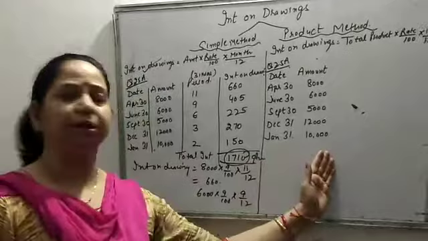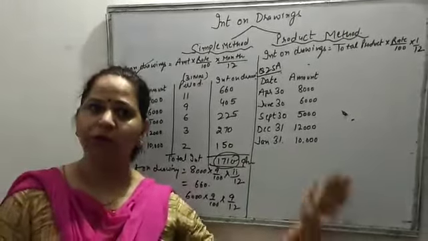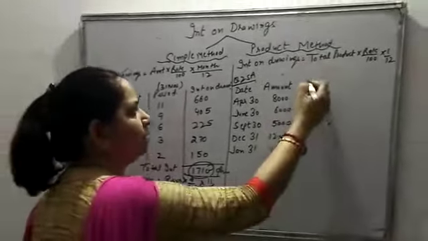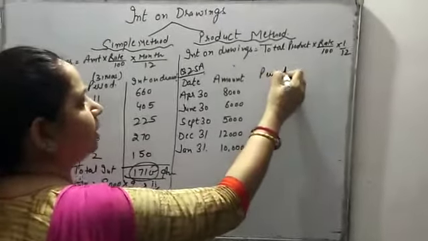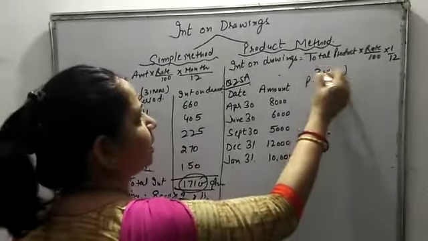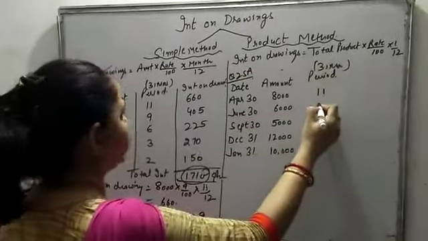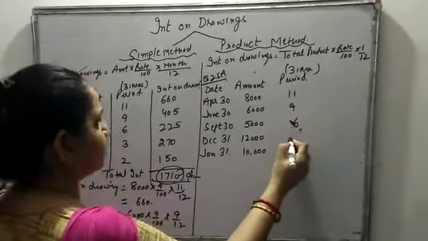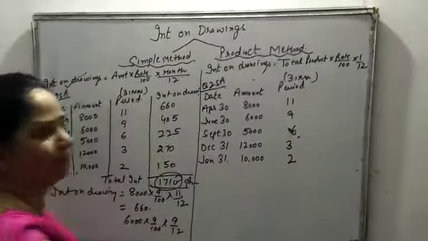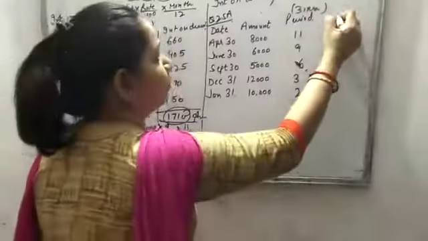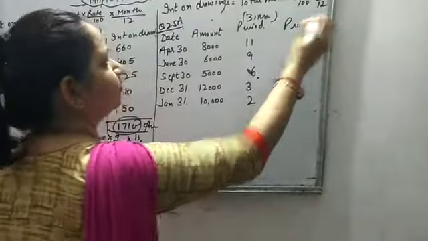Again the same points that I have written: date, amount, and one more column I will make, period. In the period again we compare with 31st March, and the same months: April 30 gives 11 months, then 9, then 6, then 3, and then 2. Now here I'll make a column of product.